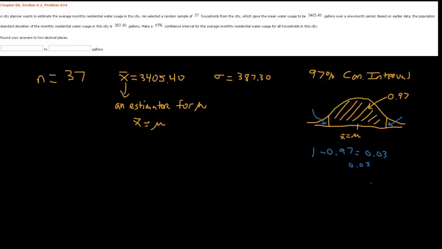Now 0.03 is the amount in both tails. But both tails have to contain the same amount of area under the curve.